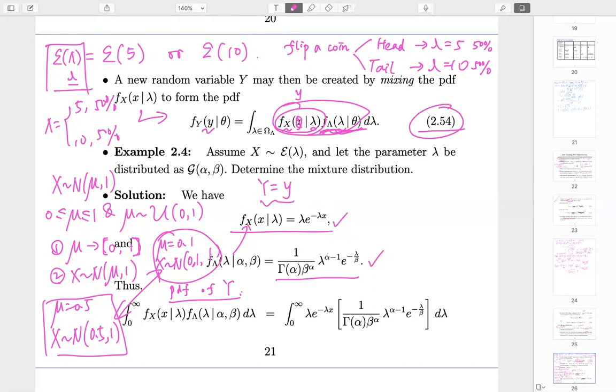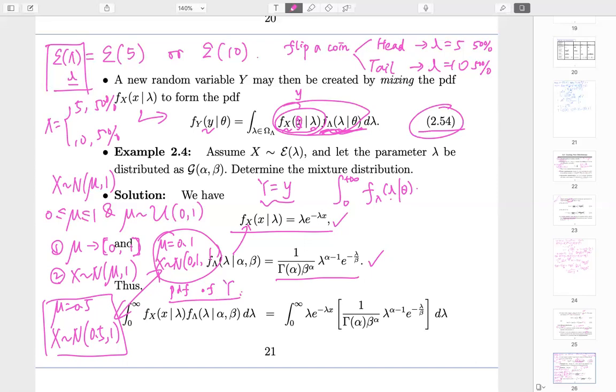So how do I get the big Y to be small y? First of all, my lambda can be anything. So I sample lambda from the distribution, which is from 0 to infinity. This means I'm going to choose a lambda, and here I want my lambda to take this value, small lambda.